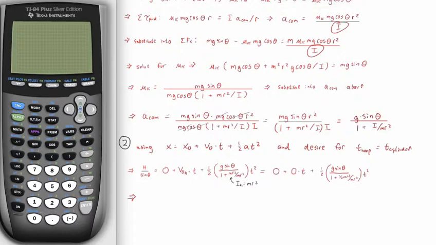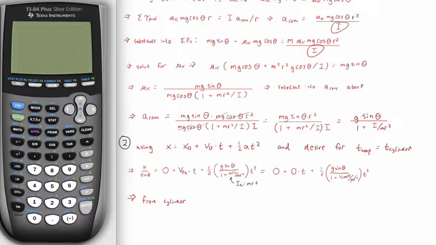So I would say the easiest way to do this is to find the time that it takes the cylinder to travel to the bottom, and then plug that into the displacement equation for the hoop to solve for the initial velocity of the hoop. It's because the desire is for it to be the same time. So I'll take the time from the cylinder. We can cancel this term out here.